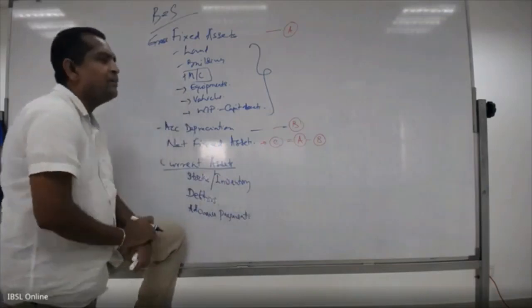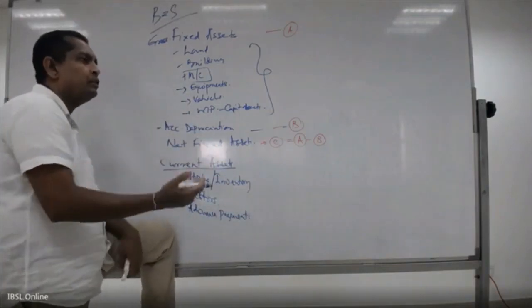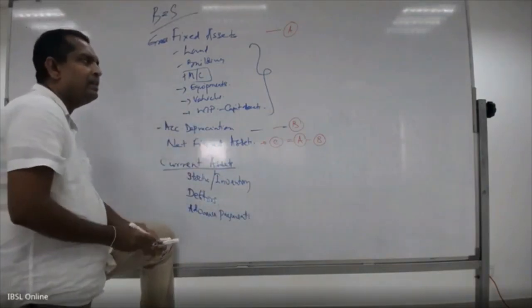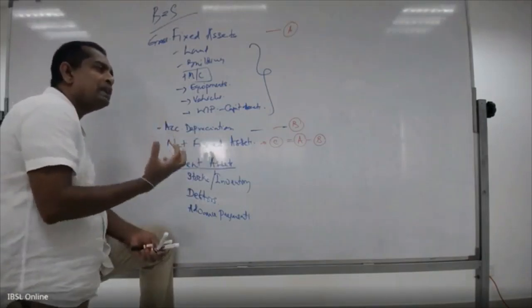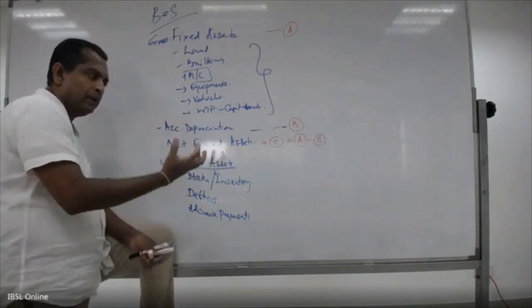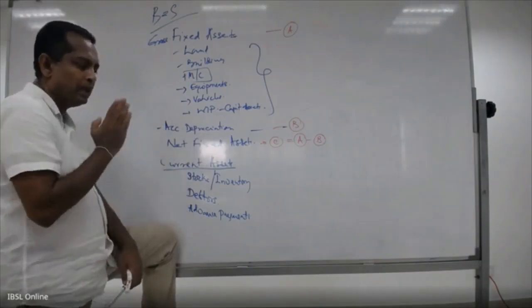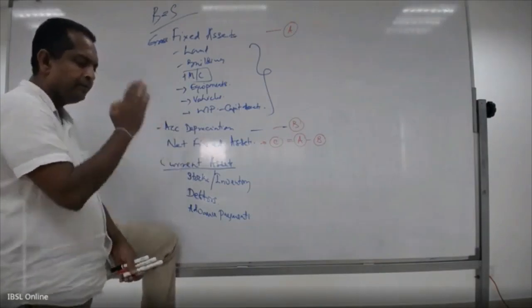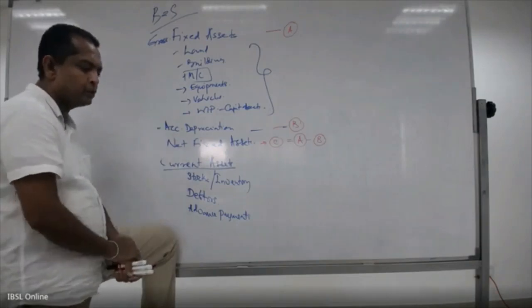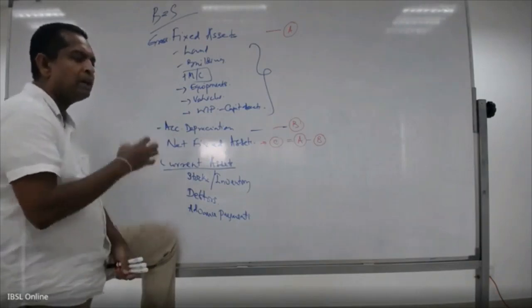Any advance payment, money given to the director, whatever the amount you can collect from the business, comes here. You have to think like this: if I stop my business today, what can I collect?